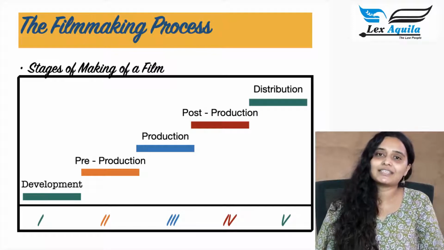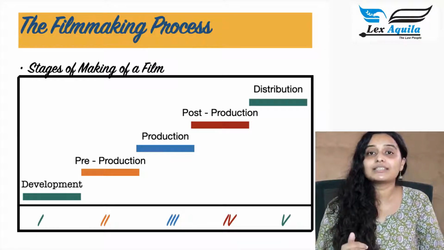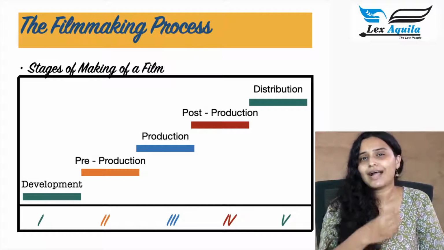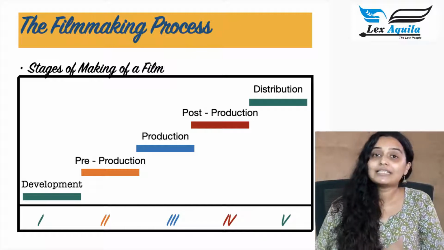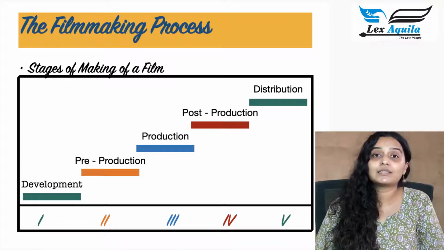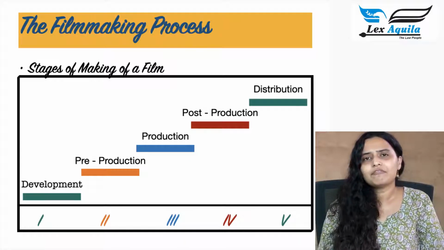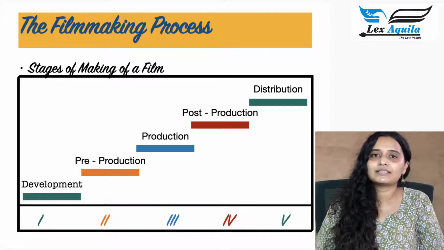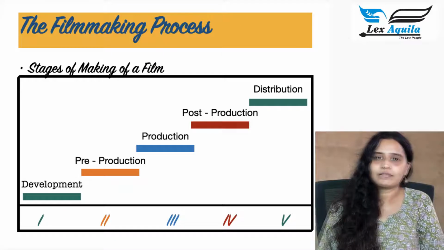The fifth stage is the stage where the work is communicated to the public. This usually happens either through cinema halls or in recent times through OTT platforms. This is known as the distribution stage. There are various people who are involved throughout in these processes in the making of the film.